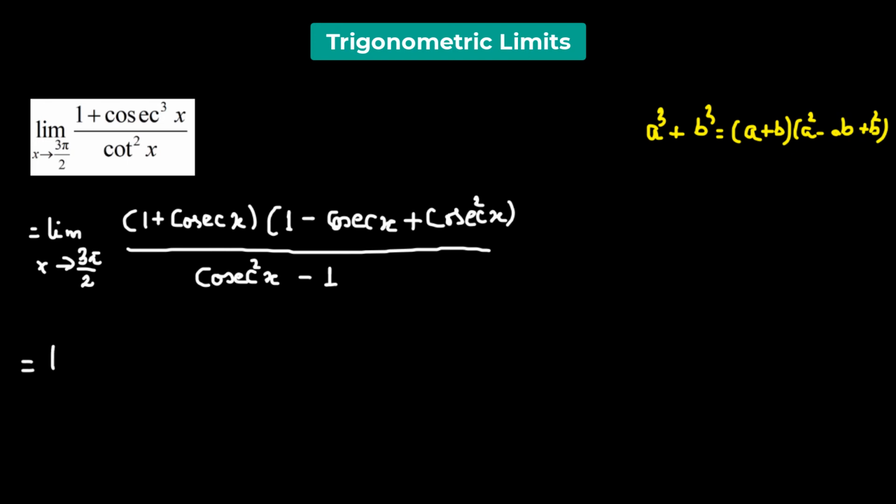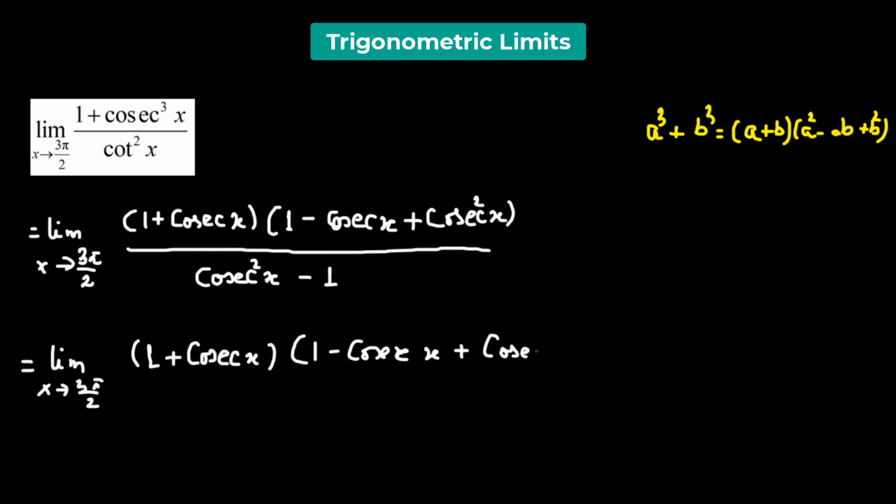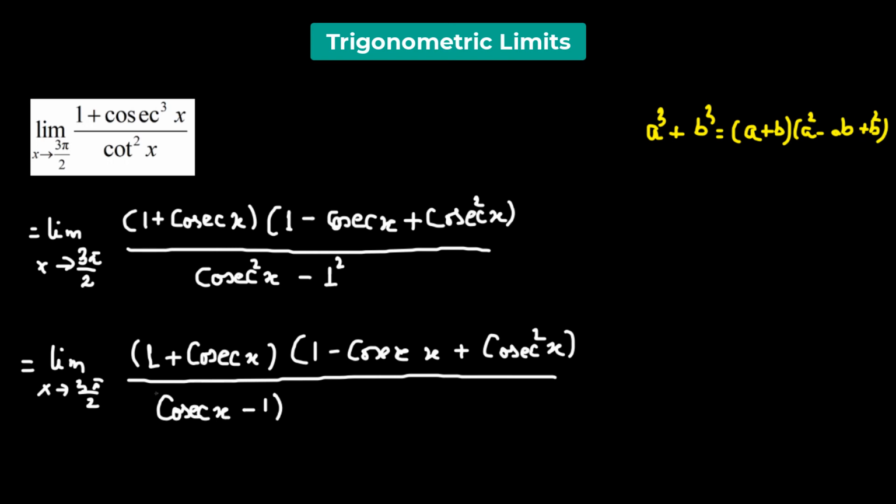So we have limit x approaching 3 pi over 2, 1 plus cosec of x times 1 minus cosec of x plus cosec squared x, whole divided by cosec squared x minus 1, so 1 can be written as 1 squared, so we have cosec of x minus 1, so this is an identity, times cosec of x plus 1.